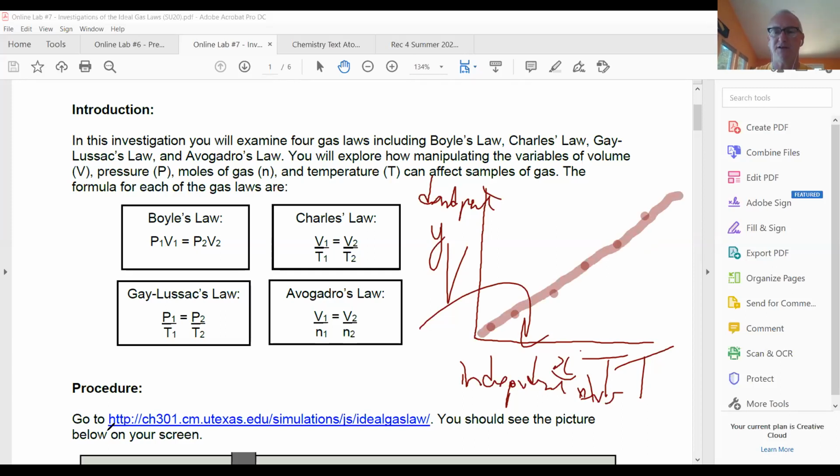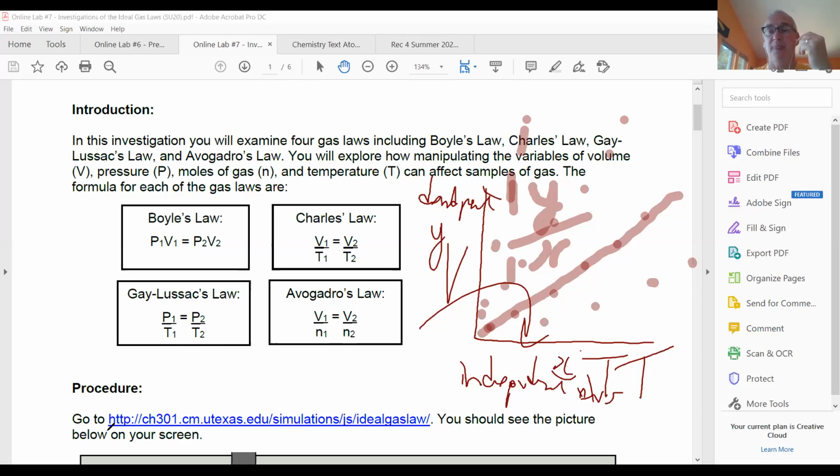So basically what this tells me, remember the slope of the line is y over x, right? And so the slope of this line tells me how y is dependent on x. And if it's a direct relationship, if it's 1-to-1, the slope of this line should be 1. If the volume goes up twice as much for every time I change the temperature, the slope will be 2-to-1, or 3-to-1, or 1/2-to-1.